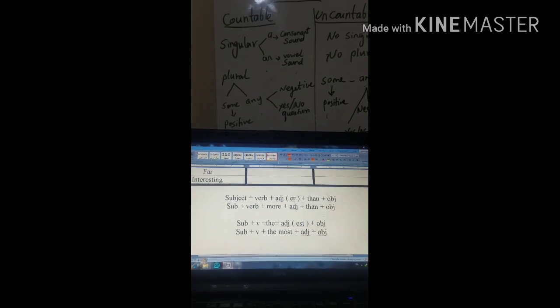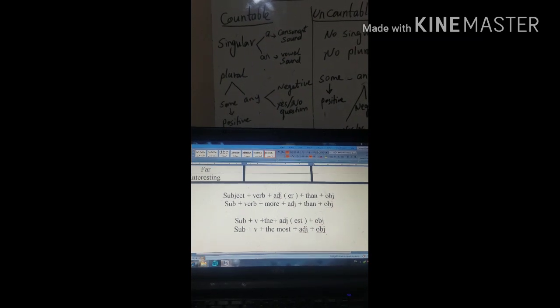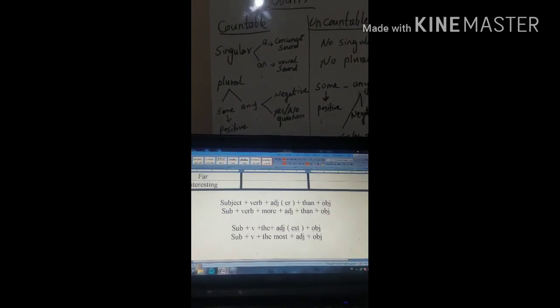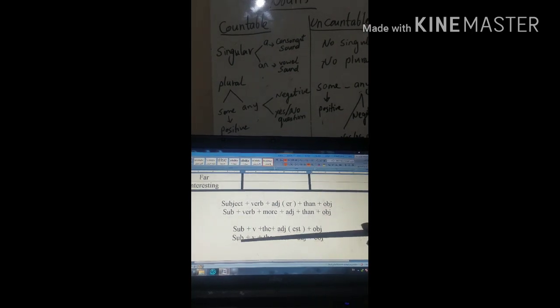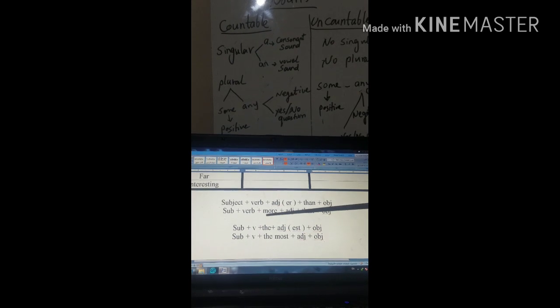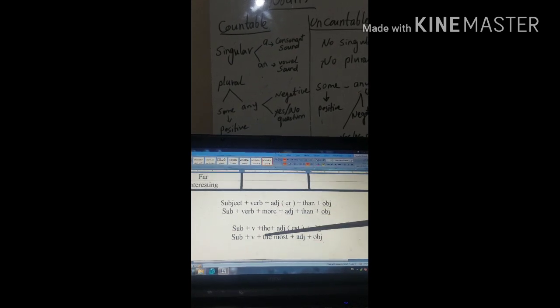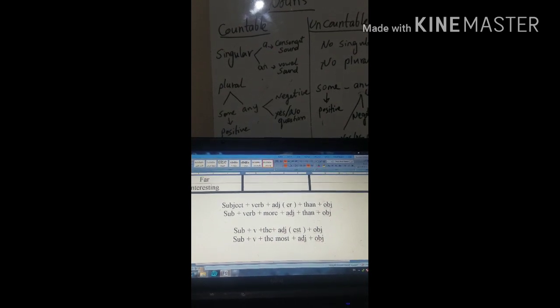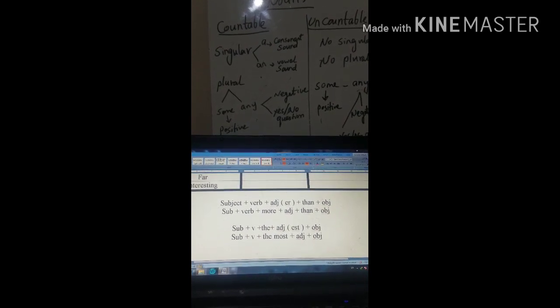Example: Sana'a is the smallest city in Yemen, so Sana'a compared with the other cities in Yemen. Here we have subject, verb, then the most. Why the most here? As I used more before, the most is used with the long adjective, when I say Sana'a is the most beautiful city in Yemen.